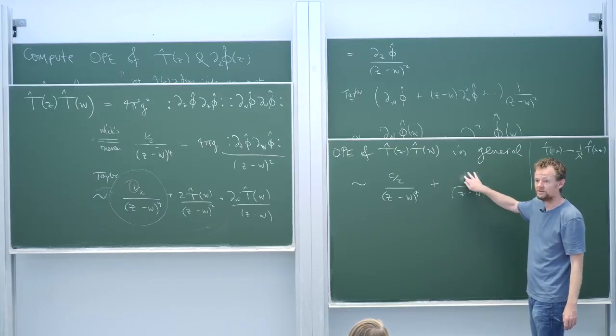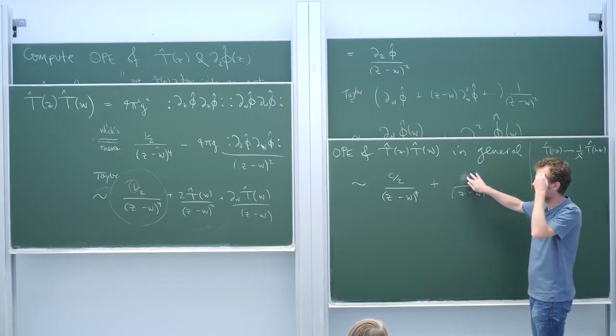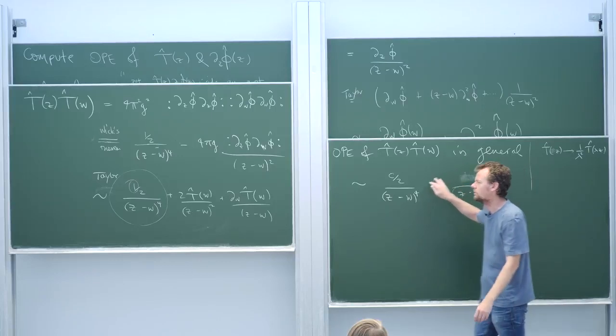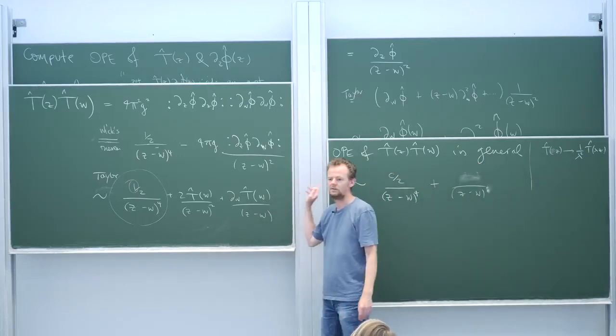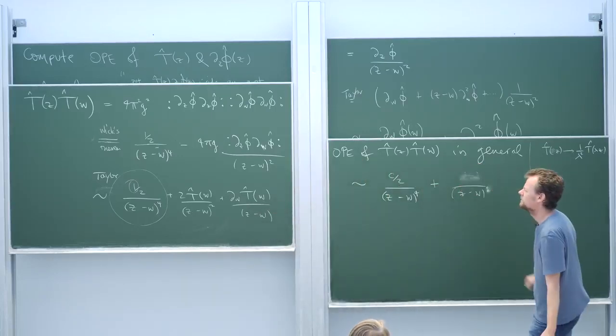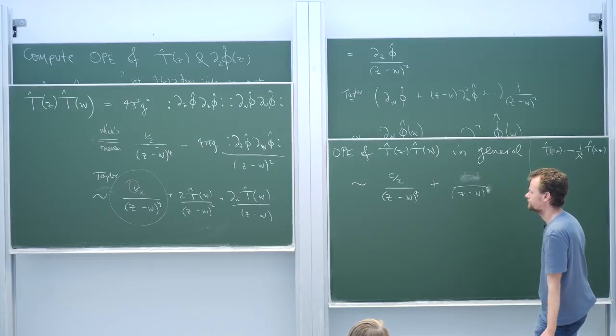You can either put T of z there or the derivative with respect to w of T of z there, and then the only difficulty is to explain why we don't have the other derivative term there.